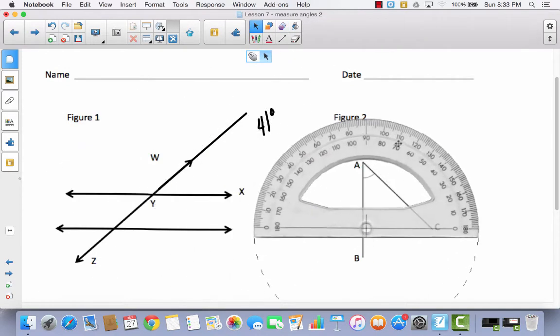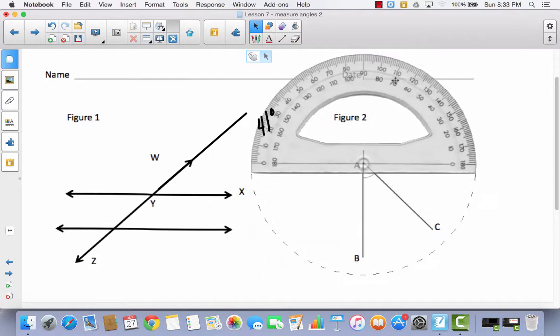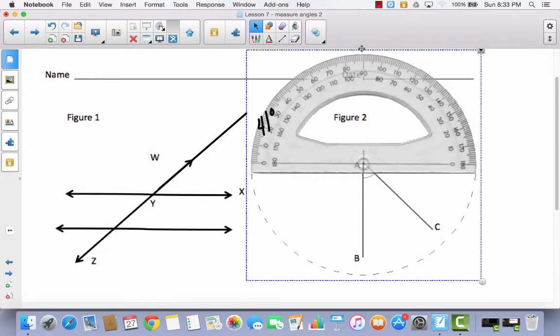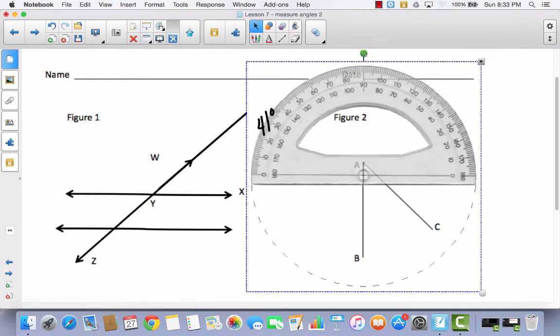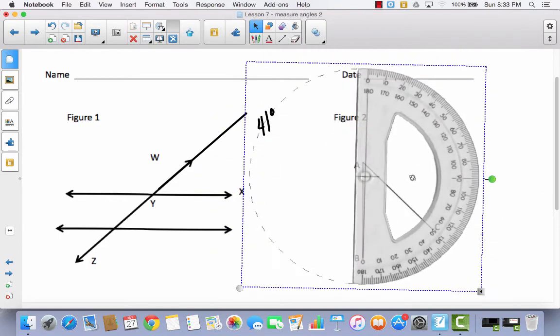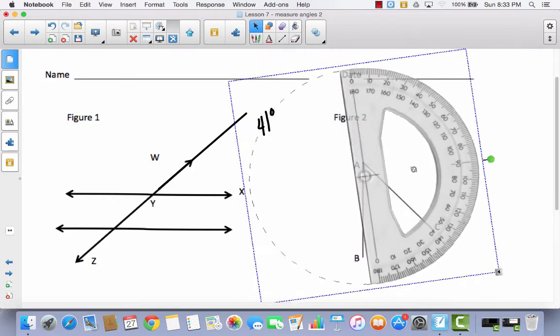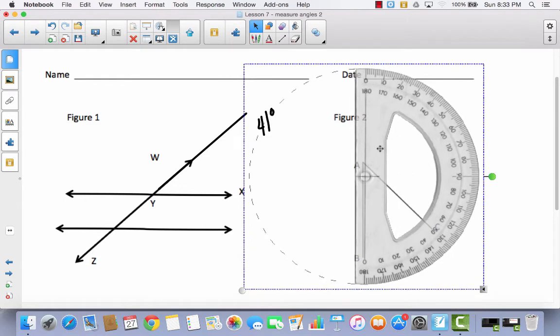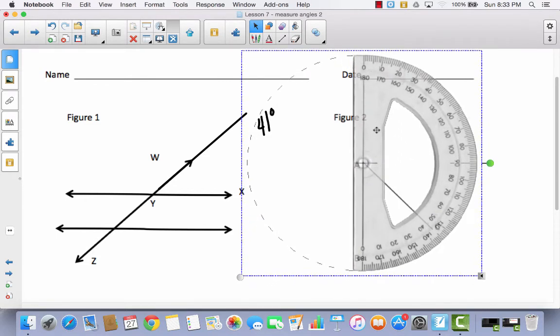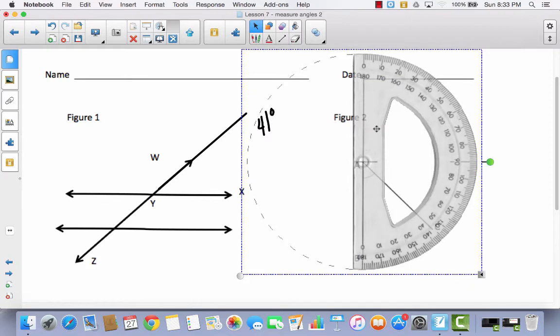All right, so let's take a second here. I'm going to have to rotate my protractor. So here's the vertex. Obviously, if I left it like this, I could not possibly measure my angle. So it has to be so that it can set right on the angle. It's a little easier for you to do this than it is for me, so bear with me.